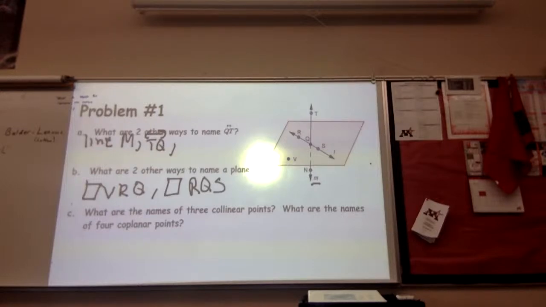R, Q, S. You don't include the line name because it's the name of the line. You include the points, but that's really good that you saw that. R, Q, S are collinear points. So I'm just going to write col. I'm just going to abbreviate it.